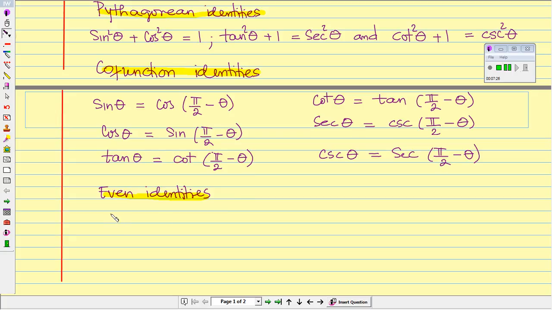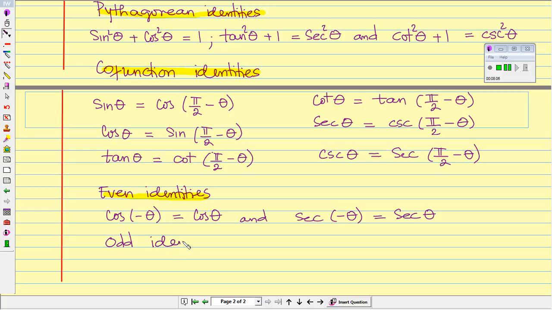Cosine is an even function, so there are two identities. Cosine of negative angle theta equals cosine of angle theta, and secant of negative angle theta equals secant of theta.